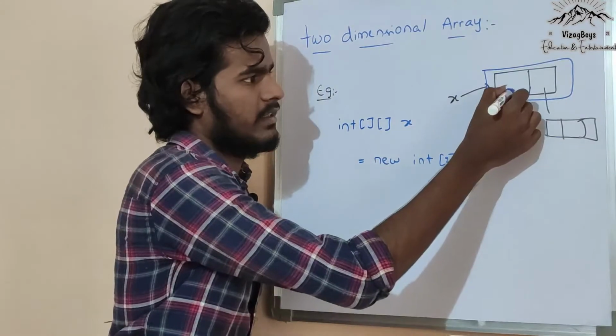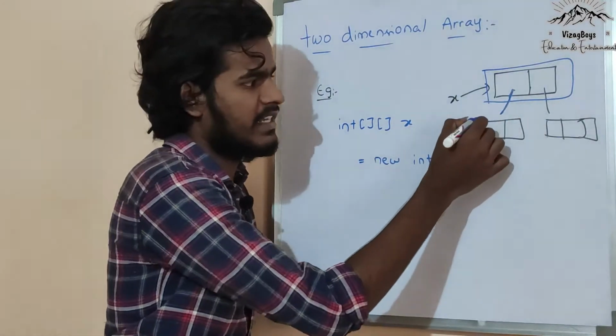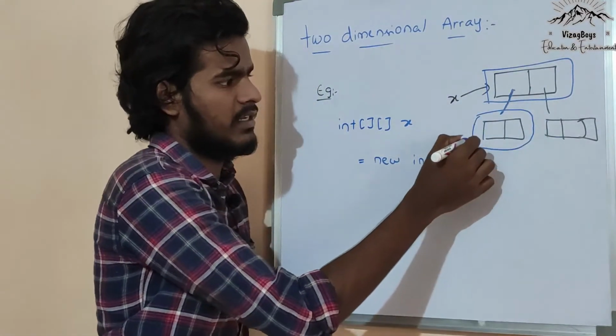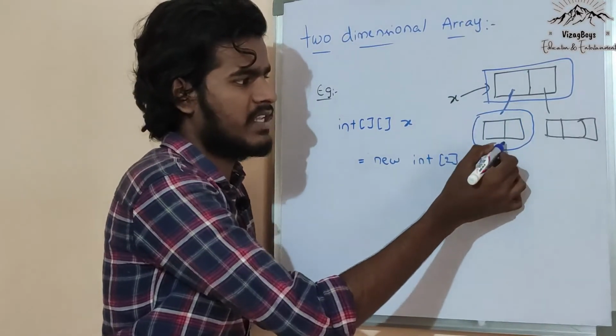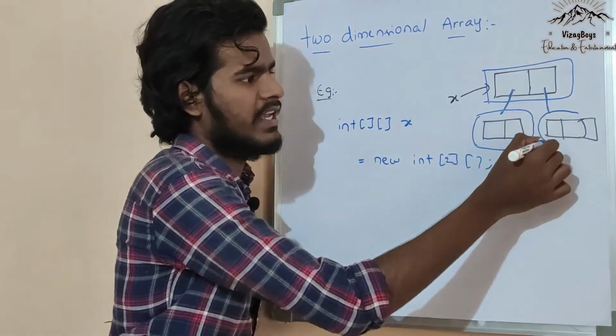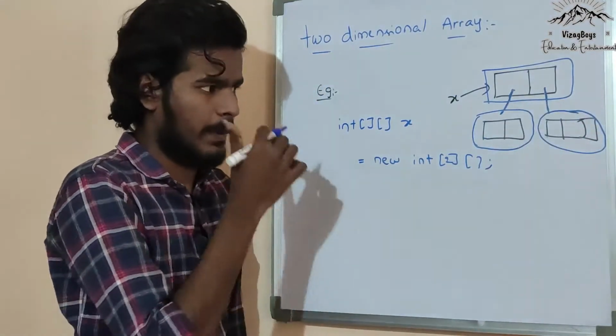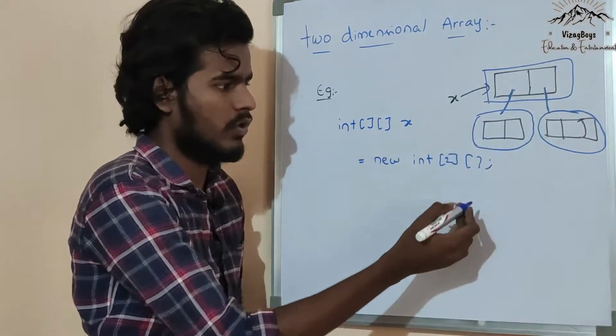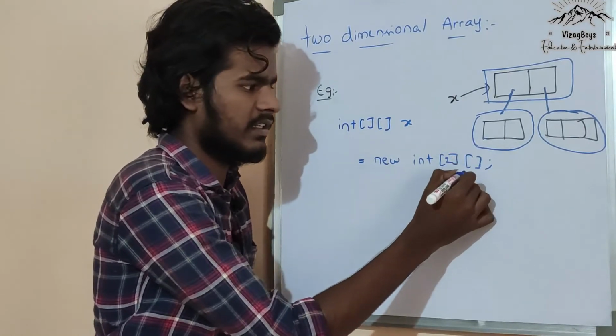This element contains a single-dimensional array of size 2. This element contains a single-dimensional array of size 3. The sizes are 2 and 3, so here just leave it.